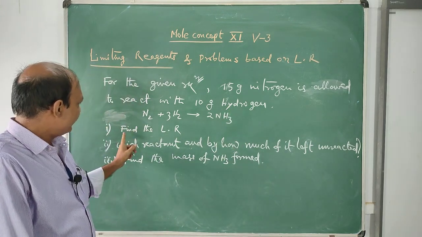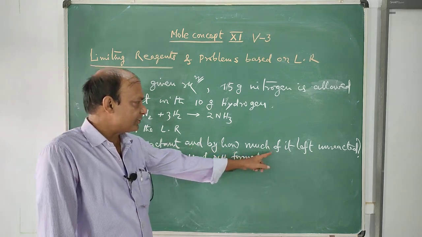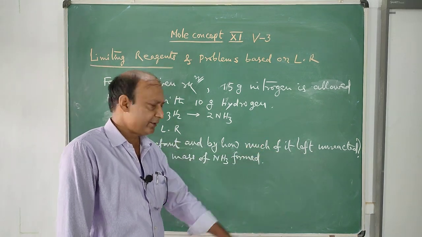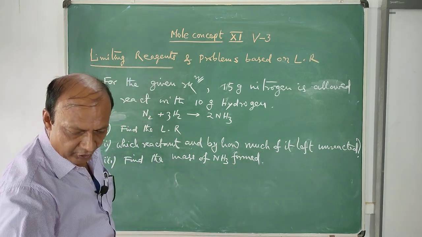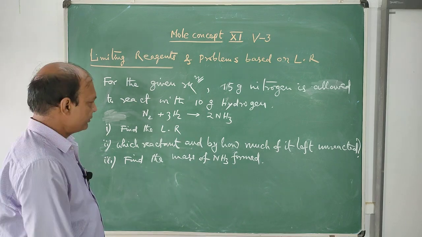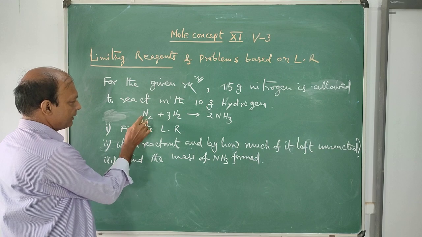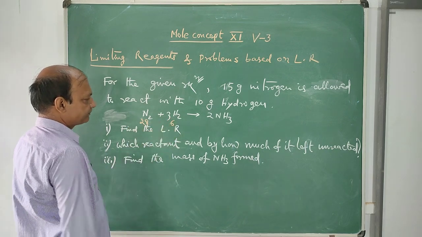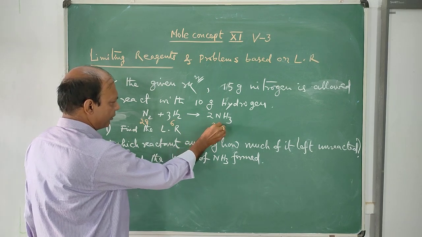Now you have to find the limiting reactant, which reactant and by how much of it is left unreacted, and find the mass of ammonia formed. Now see, in order to solve this problem, you see the exact mass ratio. Nitrogen is 28, hydrogen is 6, ammonia 34.